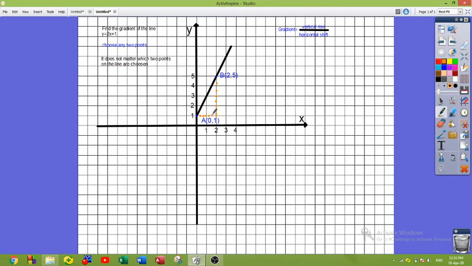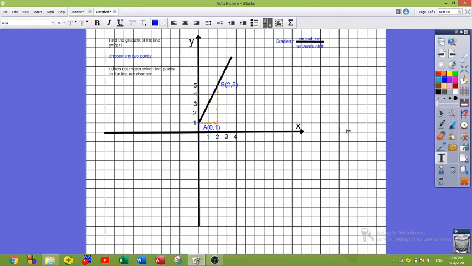Here we have another point, which we are going to call point E. The coordinates of point E are x equal to 2, y equal to 1.